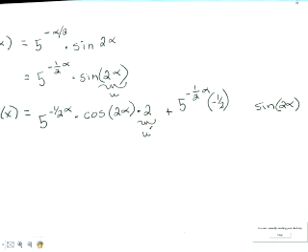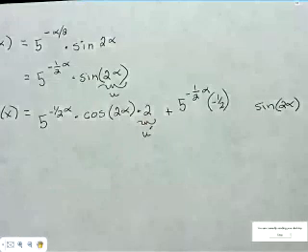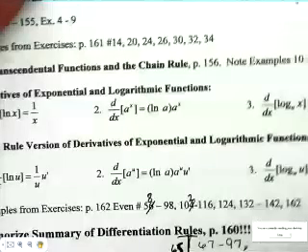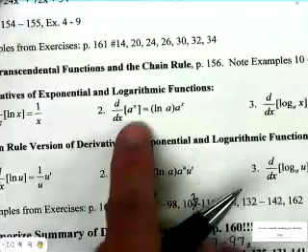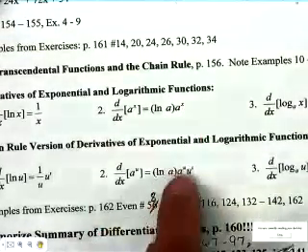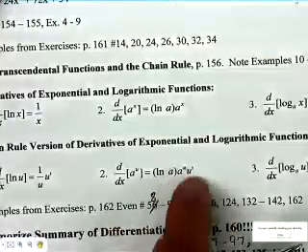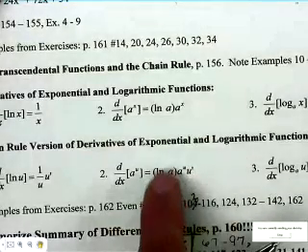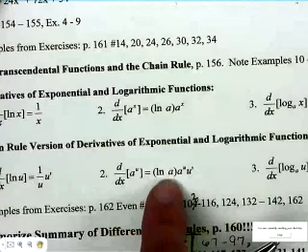But then also, according to this formula, not only do I have a to the same old ugly times the derivative of the ugly, I also need the natural log of the base as a factor.